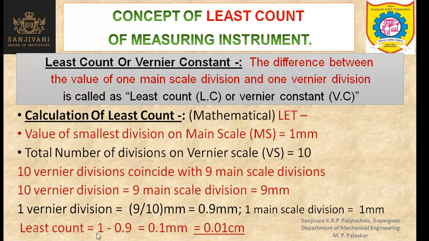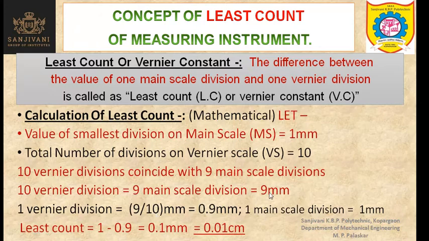So least count is equal to 1 minus 0.9. What is 1? 1 is the value of a single main scale division, which is 1 millimeter, whereas 0.9 is the value of one vernier scale division, and that we have found out in this way, that 0.9 is equal to 9 upon 10.